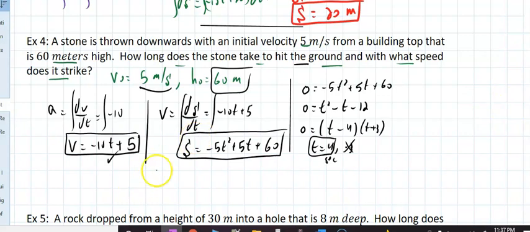So now I go to the problem and say, well, let's see. How long does the stone take to hit the ground? It takes 4 seconds. I compressed all of that stuff here.